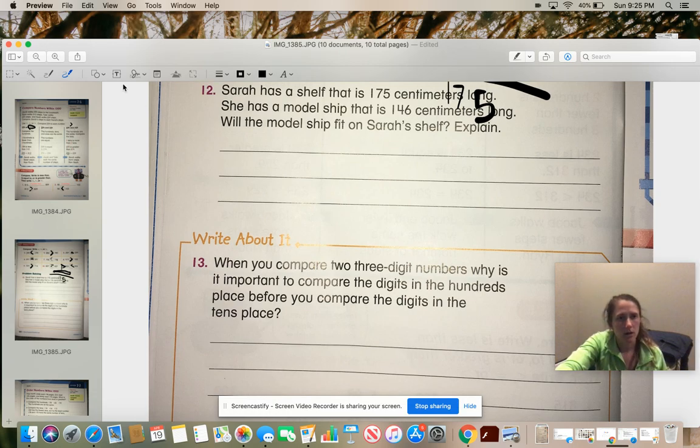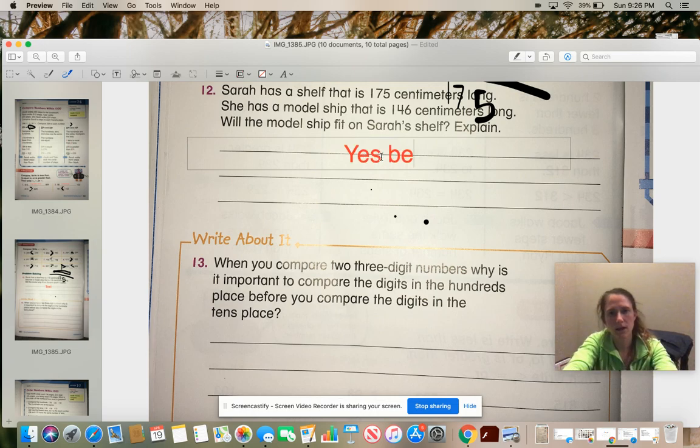Let me get my text box. Let me move my text box. Sometimes these text boxes are tricky to move. There we go. Will the ship fit on Sarah's shelf?